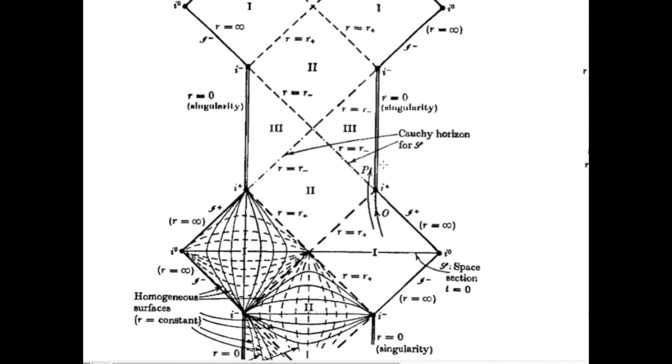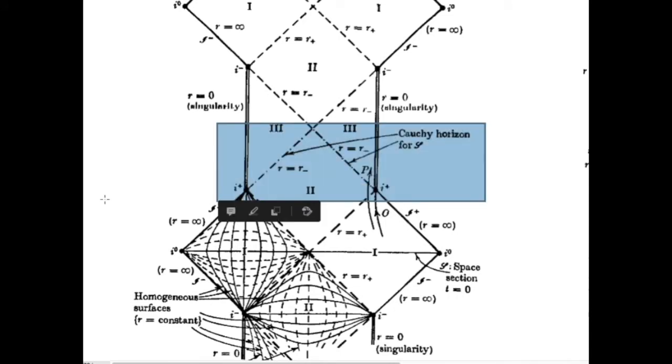But of course, I already discussed that these eternal black holes are highly idealized mathematical solutions. This is not what you would expect from an astrophysical black hole. In fact, there are certain stability considerations concerning these Cauchy horizons related to a process called mass inflation.